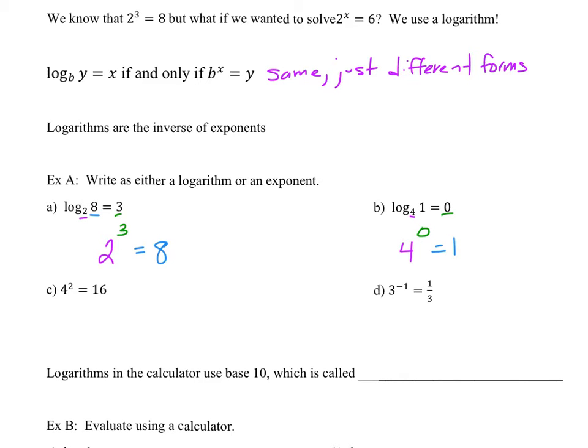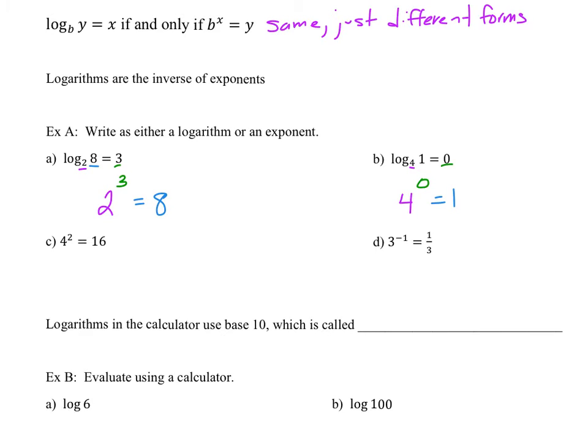So now we're going to go backwards. Now I've got exponents, and I want to change into a logarithm. So I'm going to do the log. Again, I like to do the base, 4, the base of my exponent. Then my 16 goes next, and it is equal to the exponent, okay?